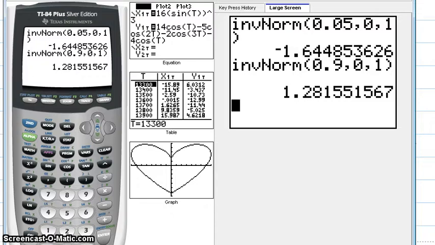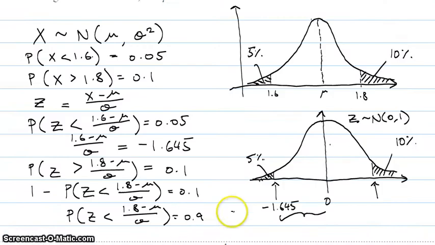So I go back here, and this turns out then that (1.8 minus mu) over sigma is equal to 1.282. So this up here is 1.282 standard deviations from the mean.